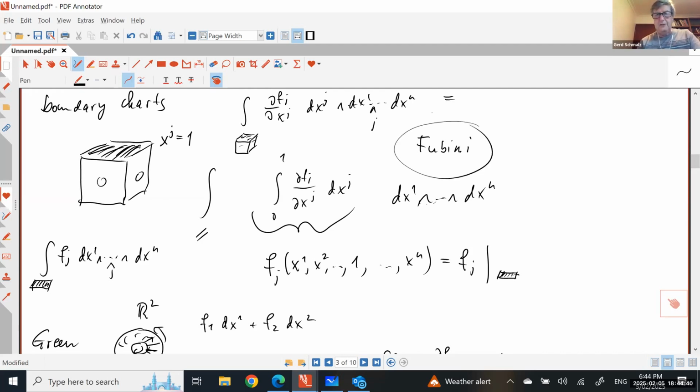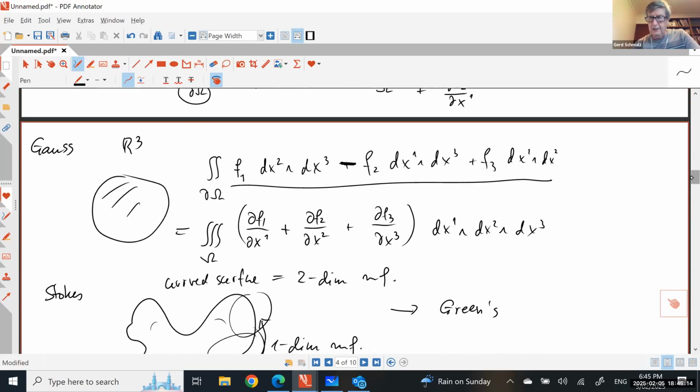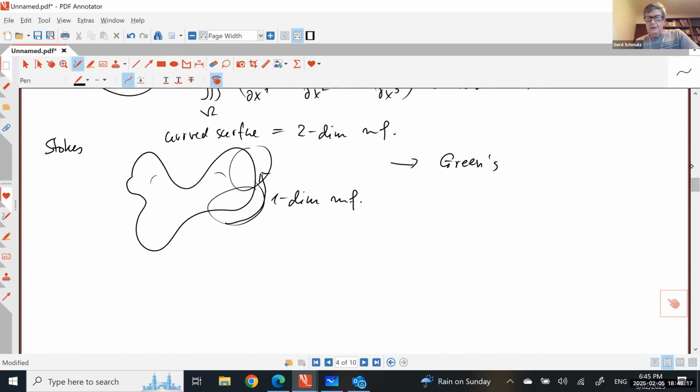So Fubini's theorem, or just the theorem about reduction of multiple integrals to repeated integrals. So this is how we computed integrals in multivariable calculus. Instead of writing some kind of very complicated Riemann sums, we represented this as repeated integrals and applied our knowledge, in particular, the fundamental theorem of calculus from one-dimensional theory.